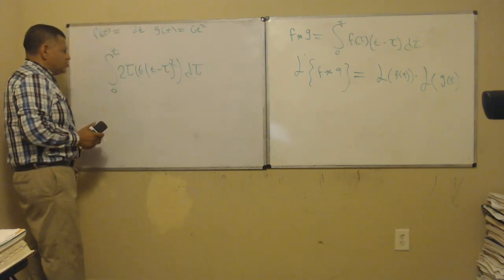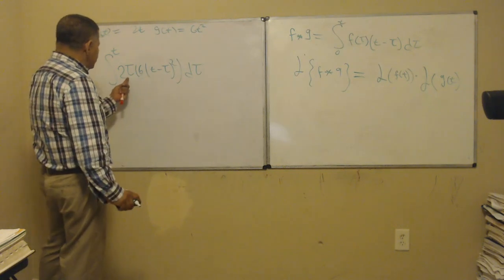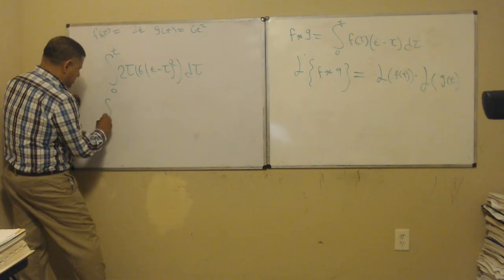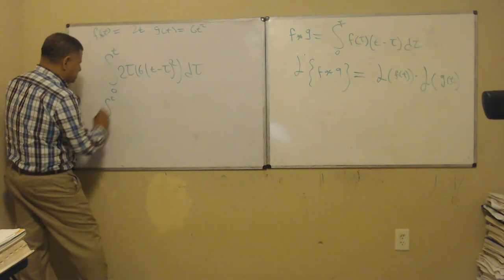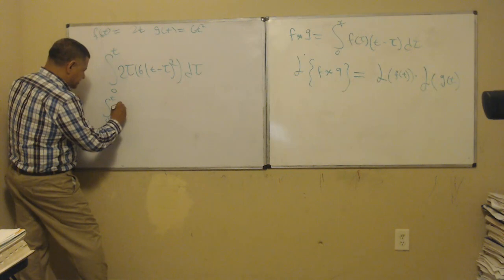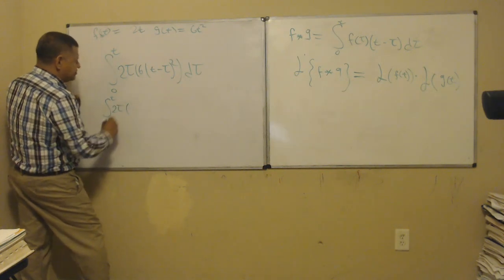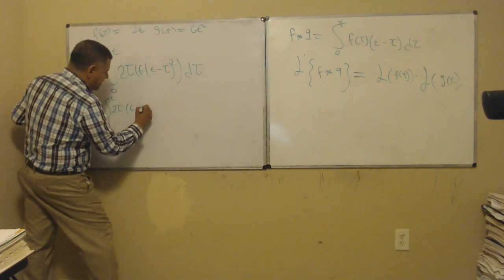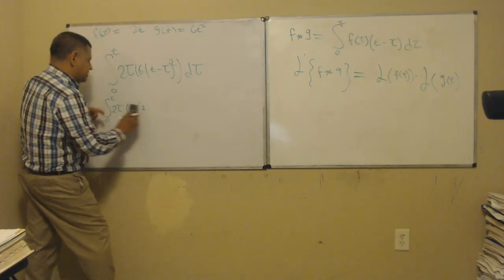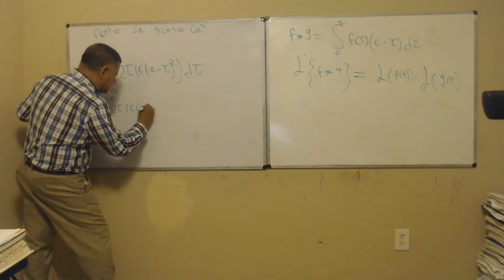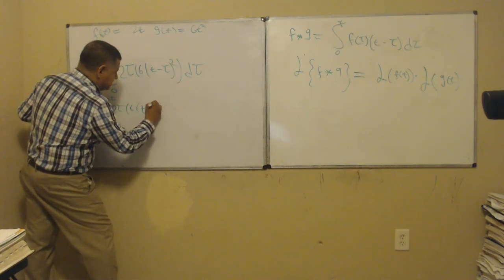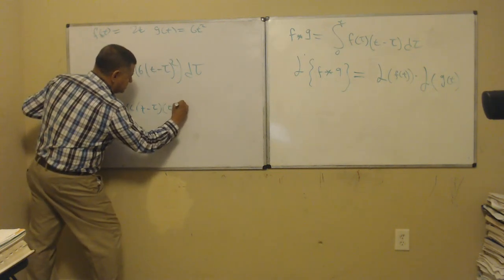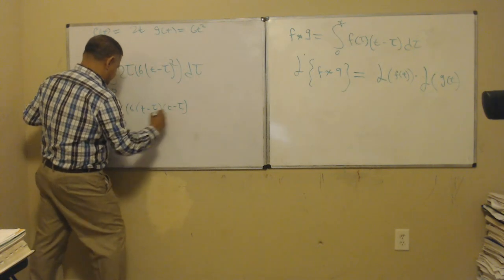Okay, so now I need to work on this. So from 0 to t, I put 2 tau times 6, and I expand this. When I expand this, I get t minus tau times t minus tau, right?